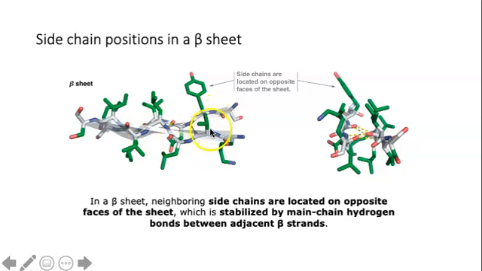So rotating the directions that these amino acid side chains face eliminates the steric clash that would potentially occur if you had them all in close proximity on the same side. The strands are stabilized by main chain interactions, just like in an alpha helix, except that they're cross-wise between the main chains on each strand. Then these side chains are free to interact with solvent or potentially with other regions of the protein.